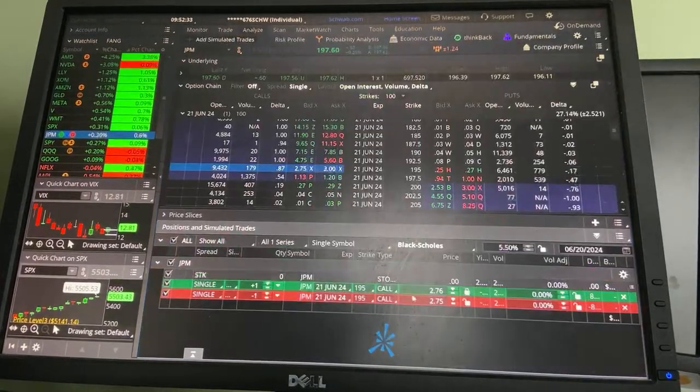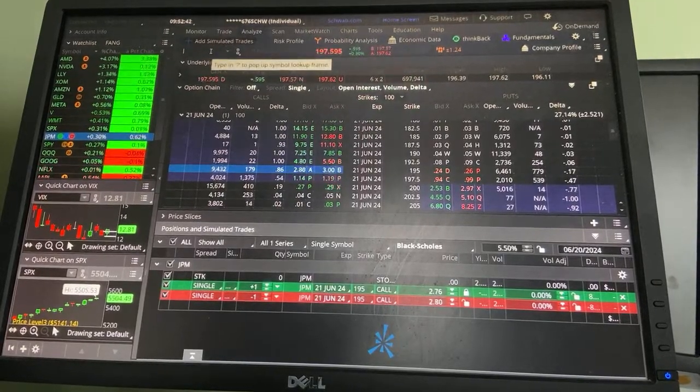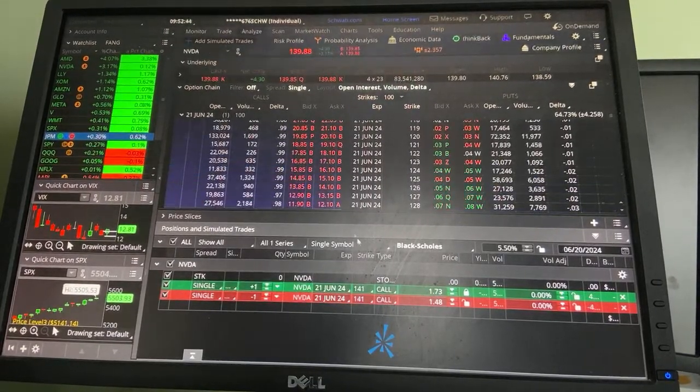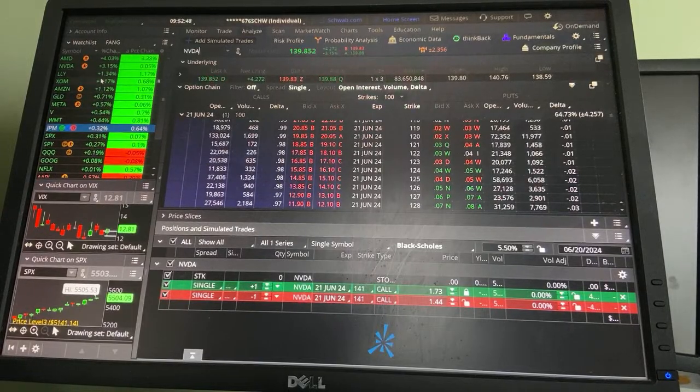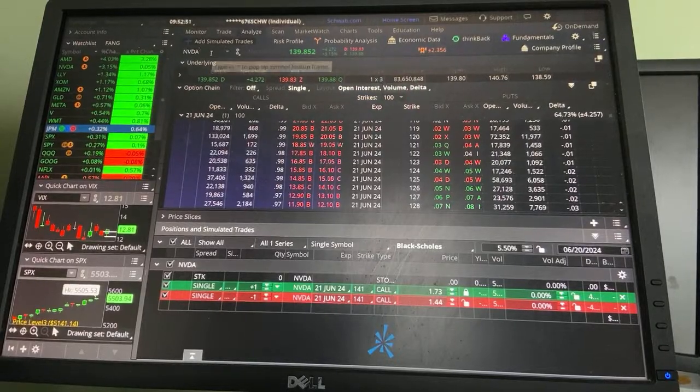So JP Morgan's already, with the spread. See how the spread's annoying? The spread's annoying on this. NVIDIA having a tough time, as I mentioned.